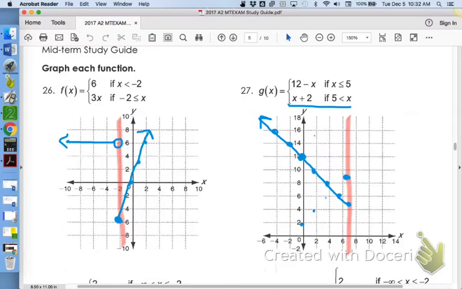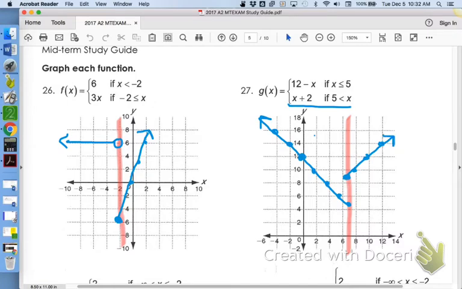So it's going to start right about there. I'm going to erase these little dots right here because they're not supposed to be there. And then the graph has a slope of 1 from this point. So I'm going to rise 1, run 1, rise 1, run 1. And there you go.